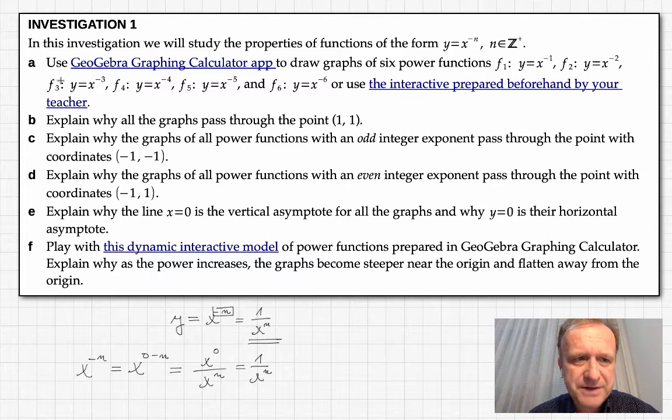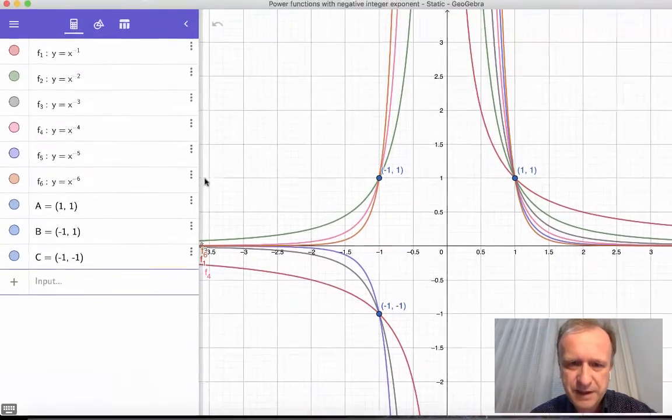Now, in part A, use the GeoGebra Graphing Calculator app to draw graphs of 6 power functions, and here they are. f sub 1, y equals x to the power of minus 1, then we have f sub 2, x to the power of minus 2, and so on until f sub 6, y equals x to the power of negative 6. Okay, so we will use the prepared interactive model. You can prepare it yourself, or you can just click here and get what I have here.